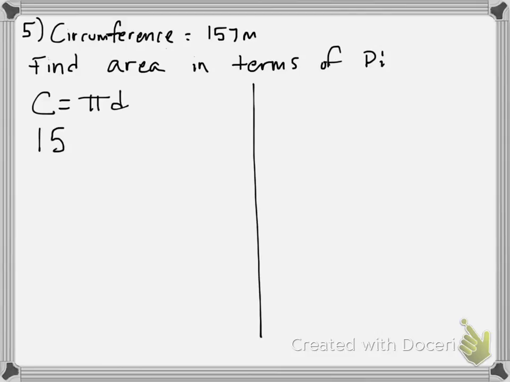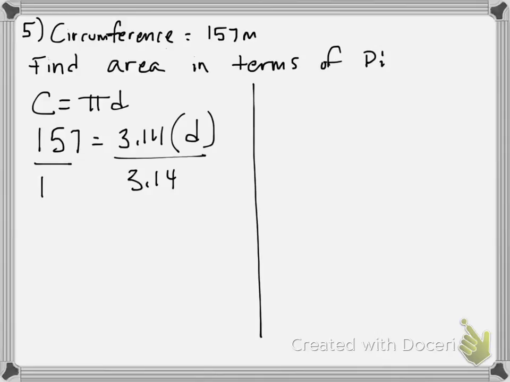So we have 157 is equal to 3.14 times the diameter. So I'll divide both sides by 3.14, and we find that the diameter is equal to 50, and this was in meters.